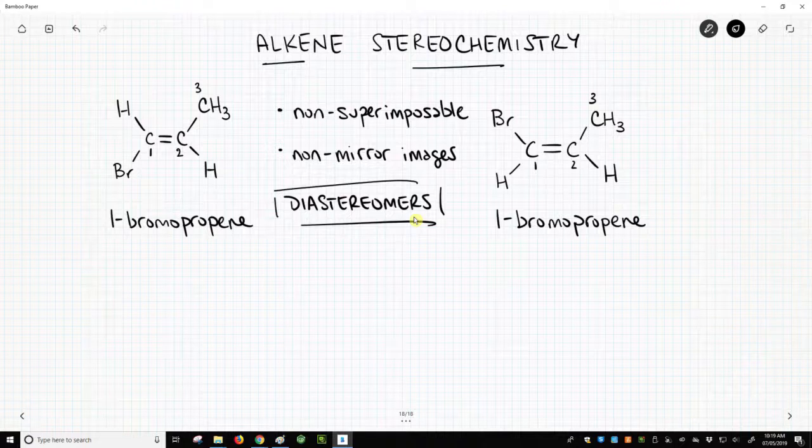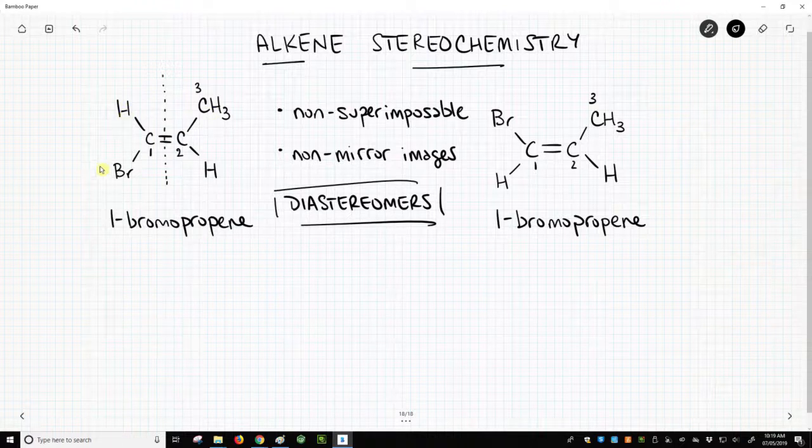So now we have this problem. We recognize our different molecules. How do we name these? Well, we use the Cahn-Ingold-Prelog rules to name these, and we apply them a little bit differently, but what we do is we chop this double bond in half in an imaginary sense, and then we look at the groups on the left-hand carbon, carbon 1, and we give them priorities according to Cahn-Ingold-Prelog.